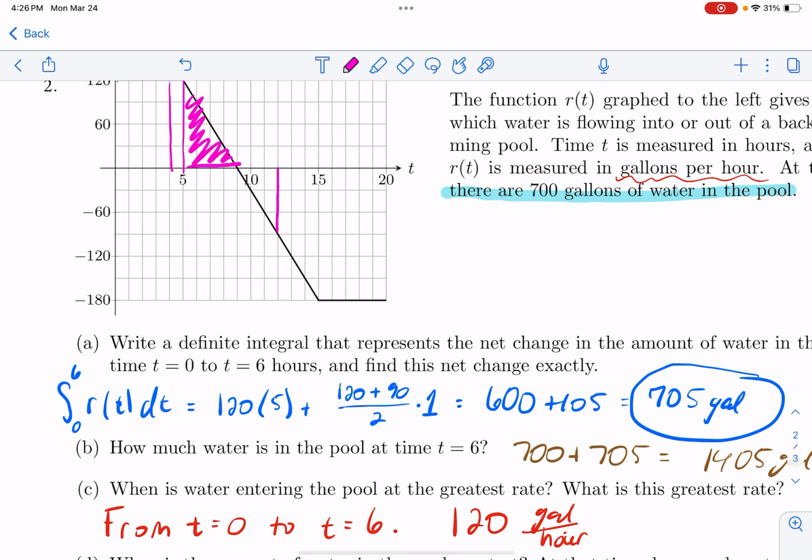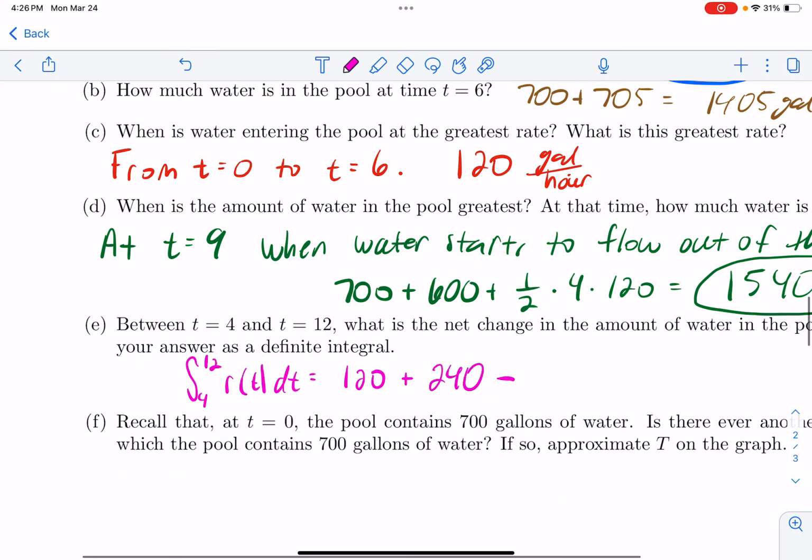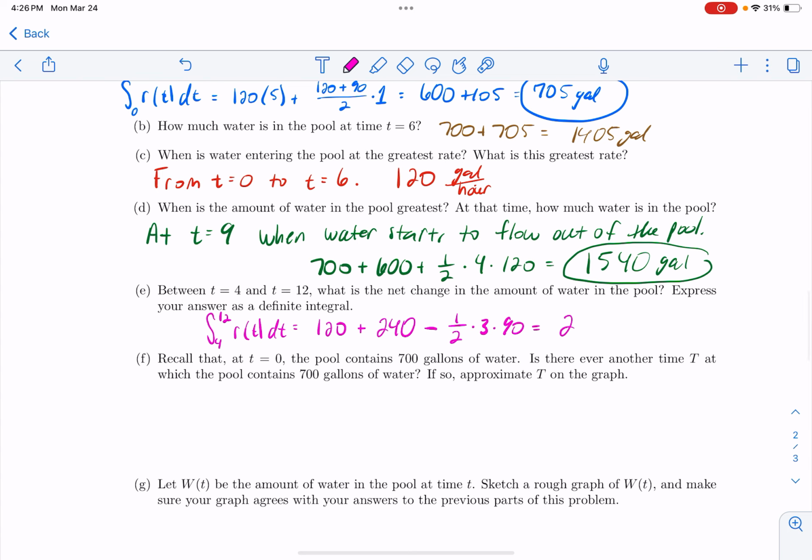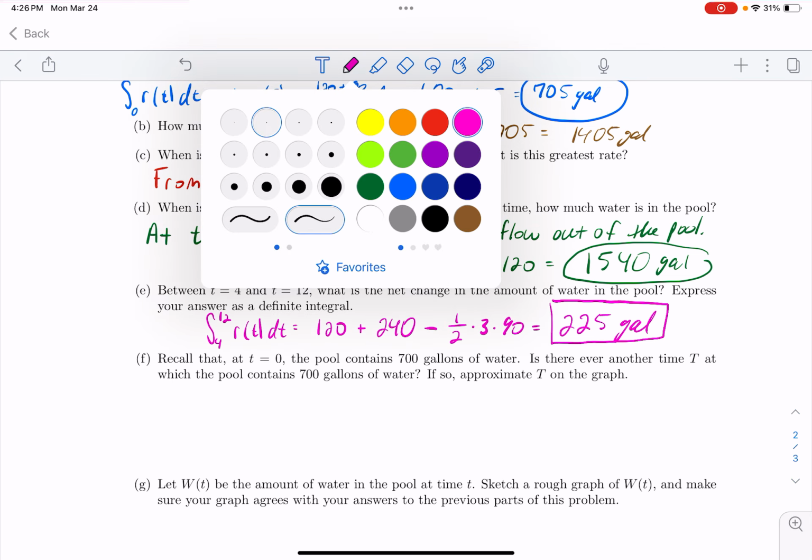So we're going all the way to 12 here. So we're going to subtract off that area because that represents water flowing out of the pool. So that is minus 1/2 times 3 times 90, 1/2 base times height. If you add all of that up, you should get 225 gallons. Notice it's not asking how much water is in the pool, just what the net change is. Okay, so we're not worried about that initial 700 at that point.